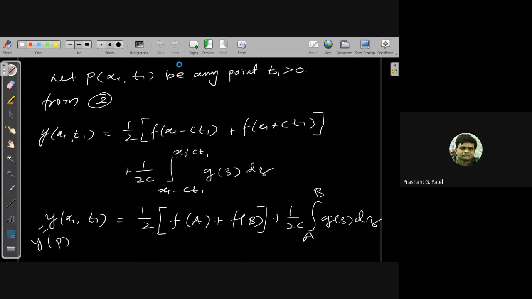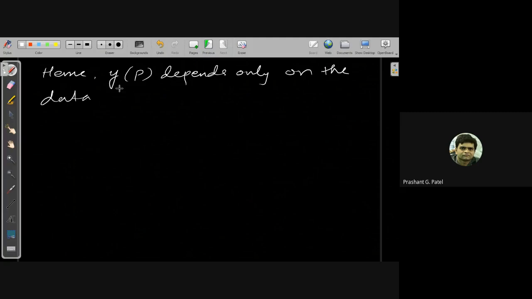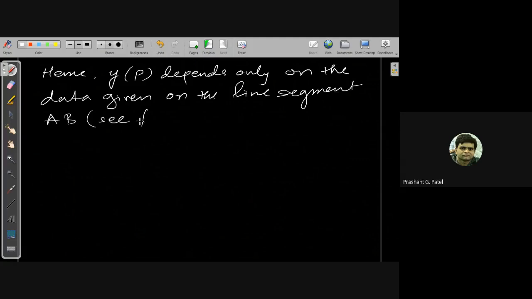So what we can say, hence y of P depends only on the data given on the line segment AB. See the figure.